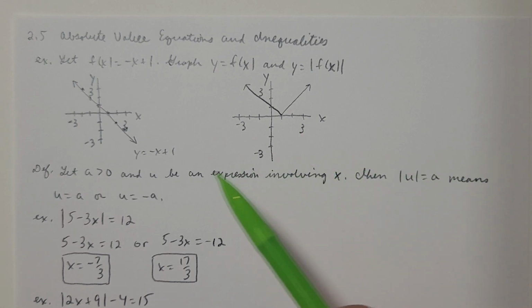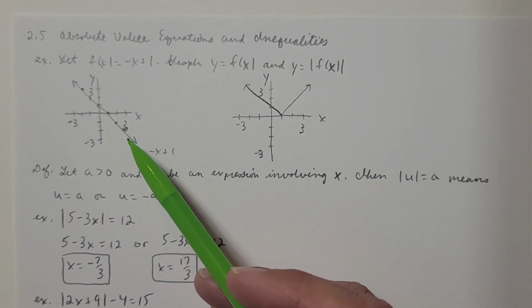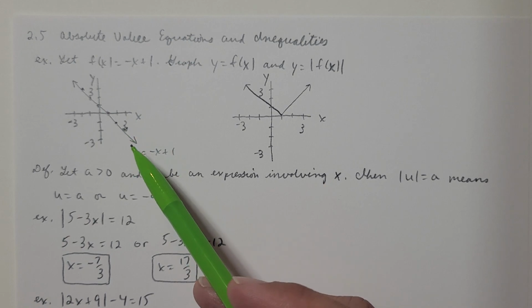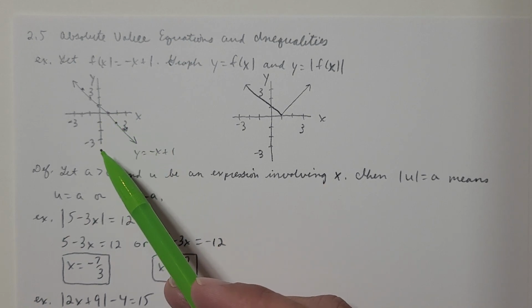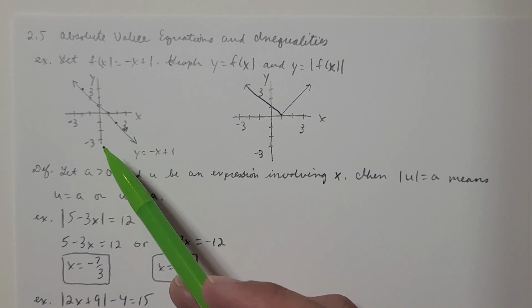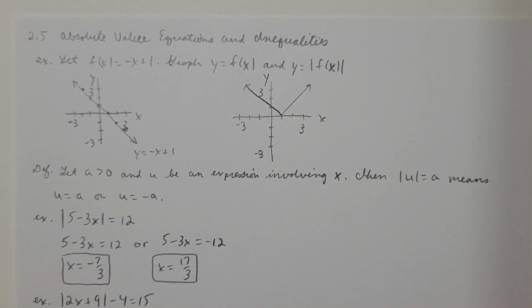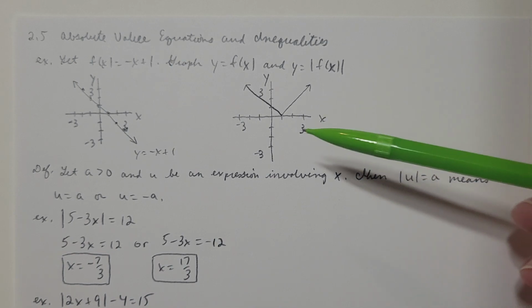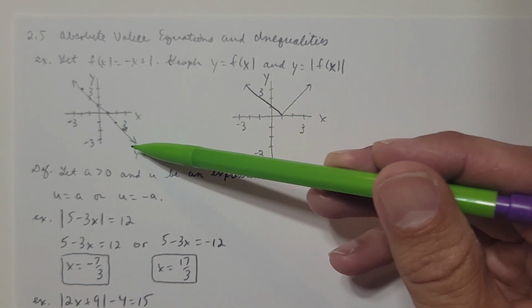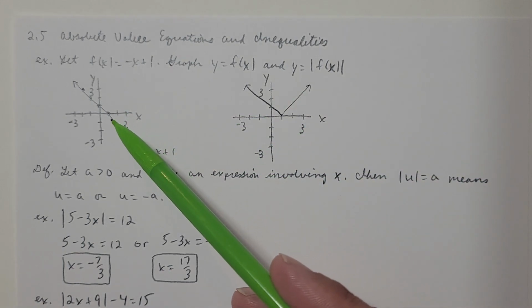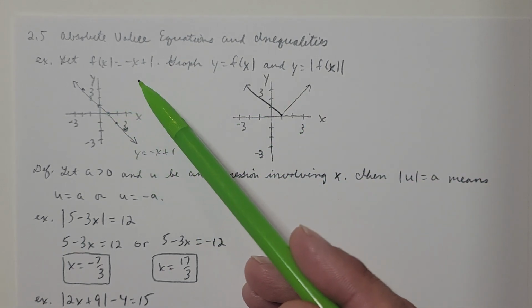And the points on this line that are below the x-axis, that's when y is negative. So if I throw absolute value bars on that, that means the y values are going to be positive numbers. So all I'm going to do is flip this part of the line that's below the x-axis so that it's above the x-axis.